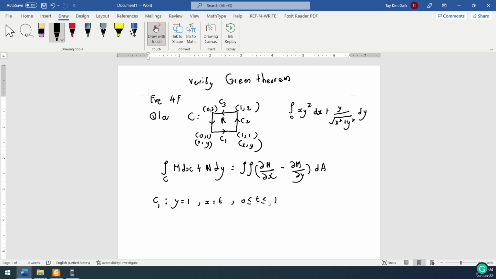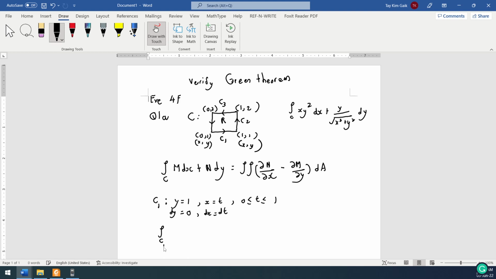That's why you can find dy and dx. dy dt is 0, because y doesn't have the variable t, so dy equal to 0. dx dt is 1, so dx equal to dt. Then you plug the parametric equation for C1 into the line integral.